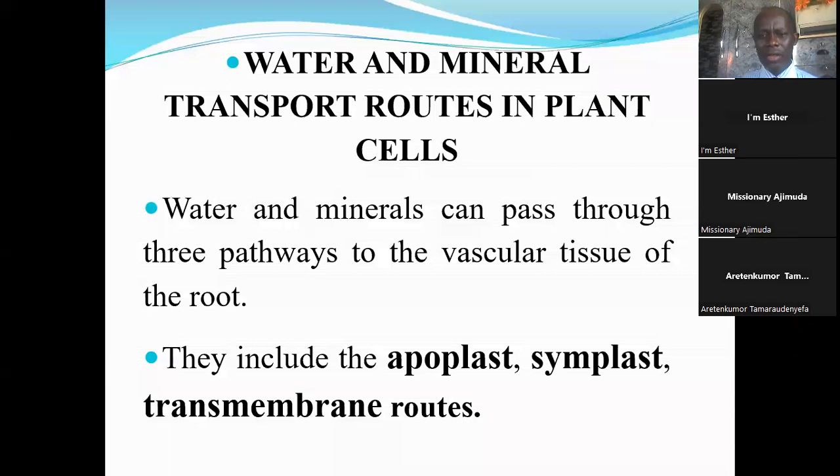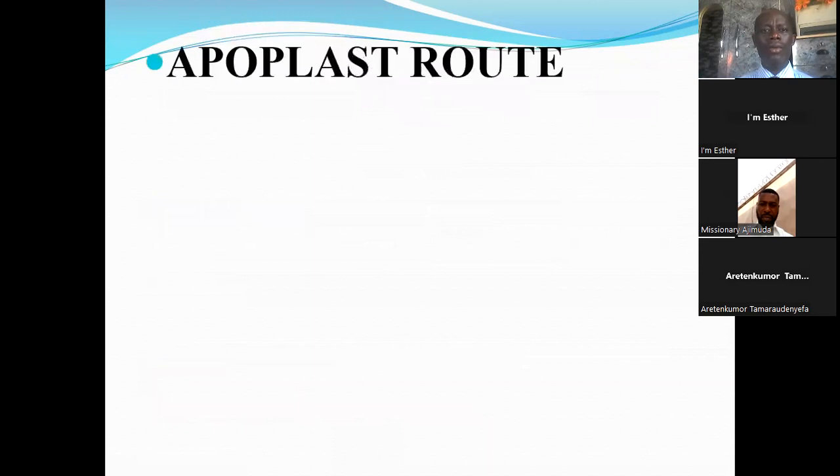That is, as it gets to the plant root hairs, it passes through three transport routes to the vascular tissues of the root. The vascular tissue means the xylem. And they include the apoplast, the symplast, and the transmembrane routes.